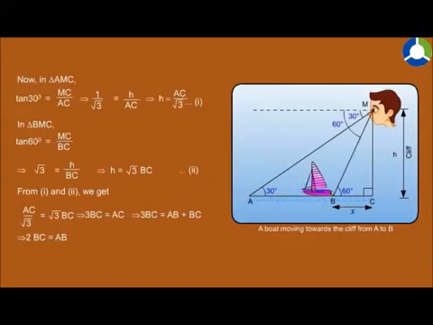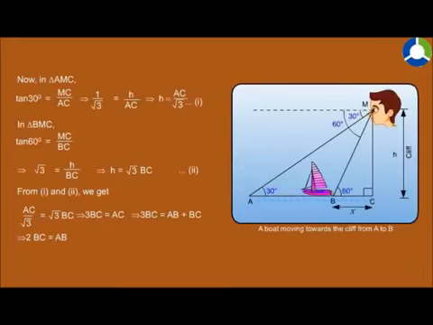In triangle BMC, tan 60 degrees equals MC upon BC, which implies that root 3 equals h upon BC, which implies that h equals root 3 BC. Equation 2.